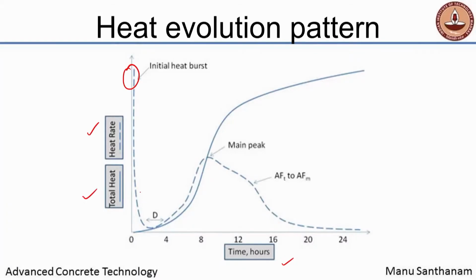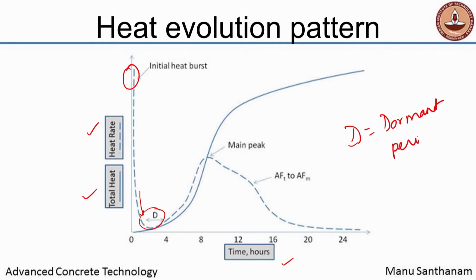This is followed by a decline in the rate of heat evolution, and there is a period which is marked as D. Okay. Please pay attention to the dotted line or dashed line, which represents the heat rate, not the solid line which is actually representing the total heat. So, if you look at the dashed line, there is a period where the rate of heat evolution is very less, and that has been marked as D, and D is basically your dormant period.